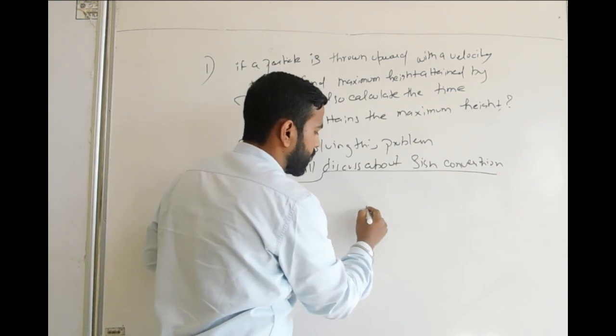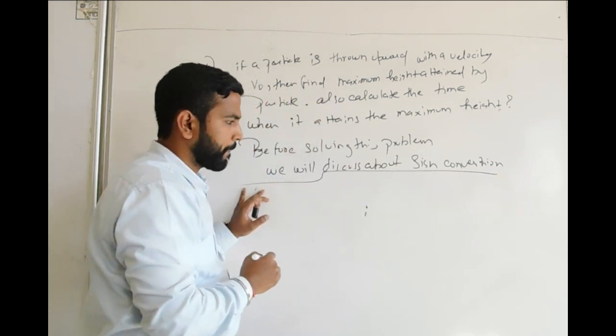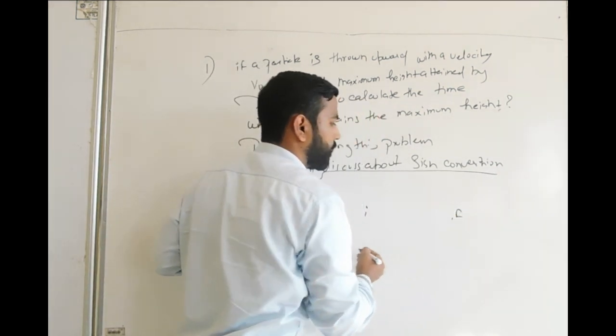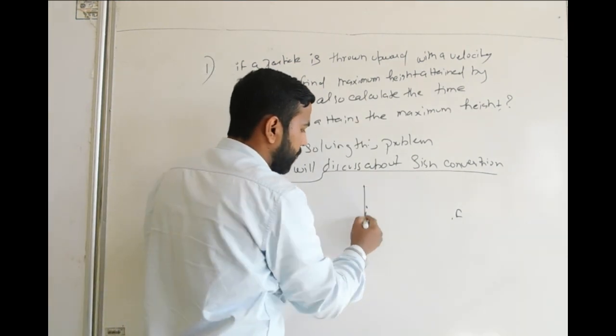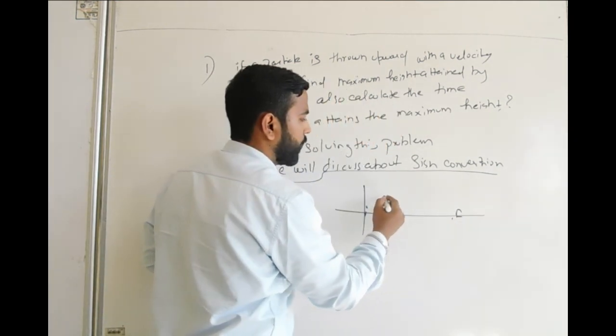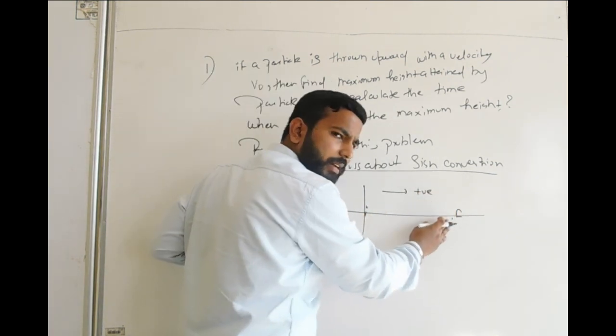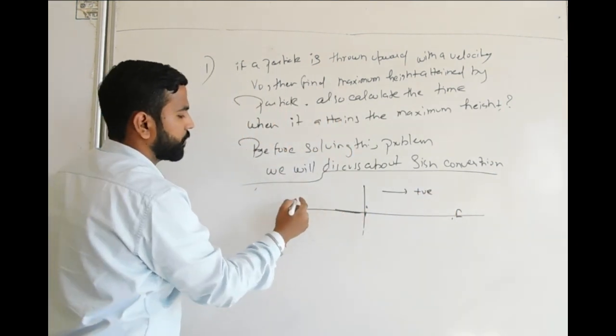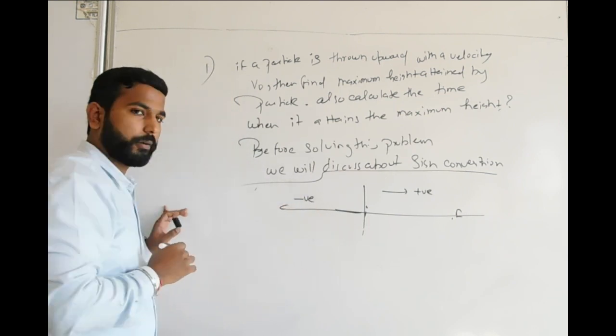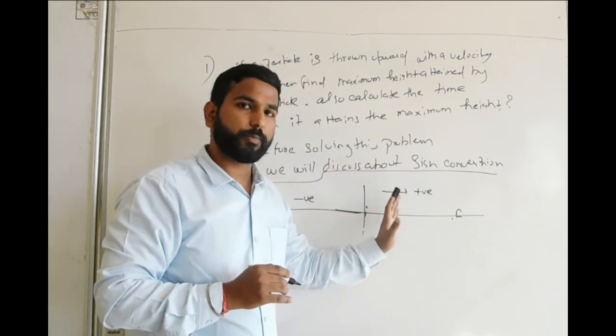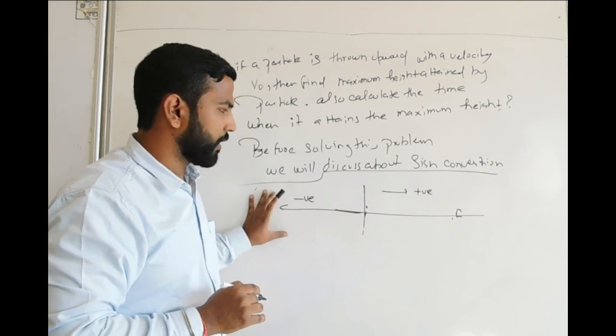If i is the initial point of journey and f is the final point of journey, if your final point is in the right direction, then right direction is taken as positive. If right direction is taken as positive, then left direction is taken as negative.